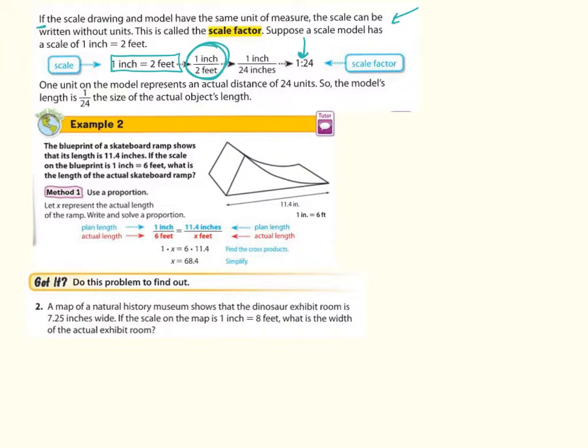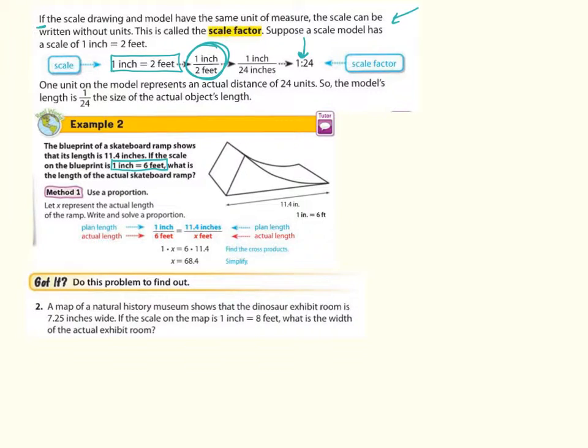Looking at example 2. The blueprint of a skateboard ramp shows that its length is 11.4 inches. If the scale on the blueprint is 1 inch equals 6 feet, what is the length of the actual skateboard? Here I want you to notice that they give you the scale at which to build the ramp.